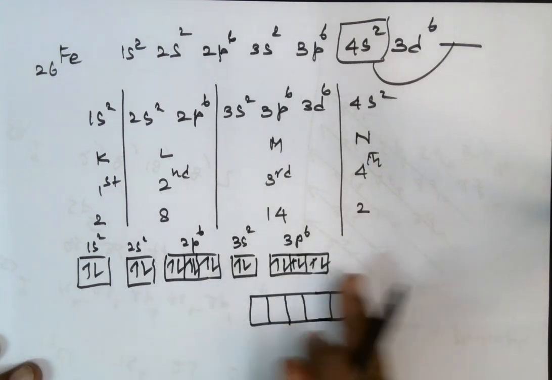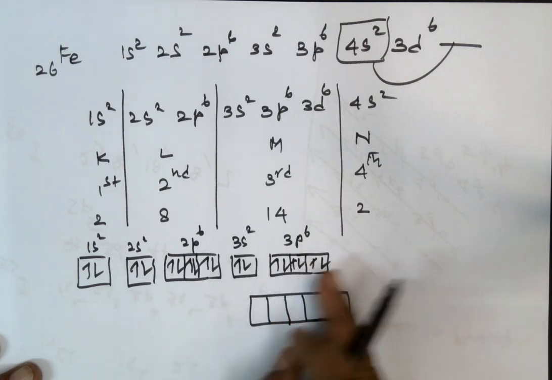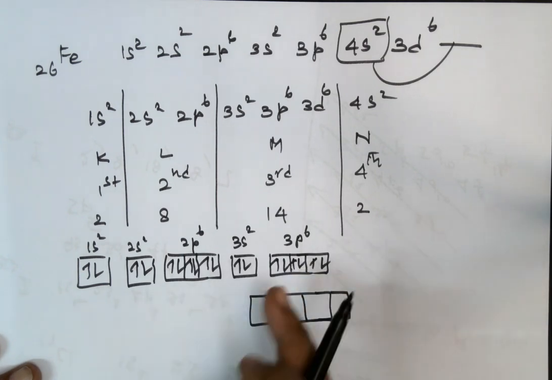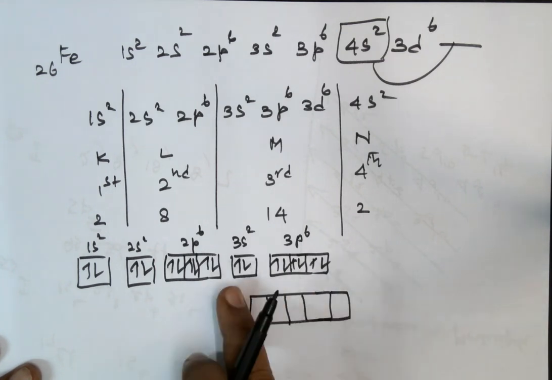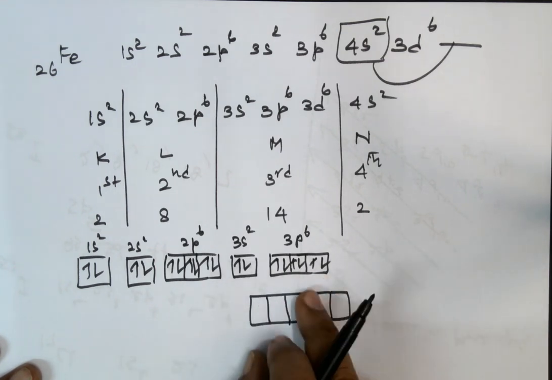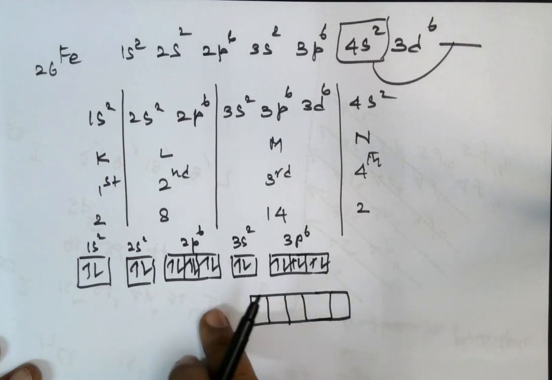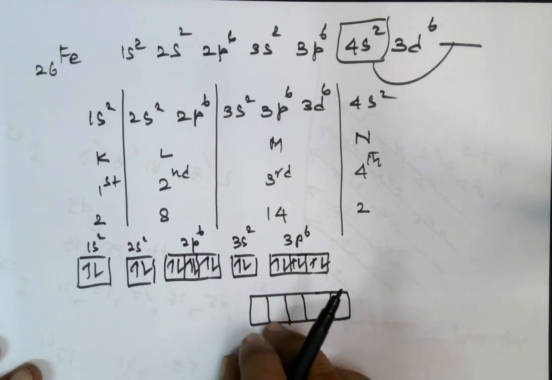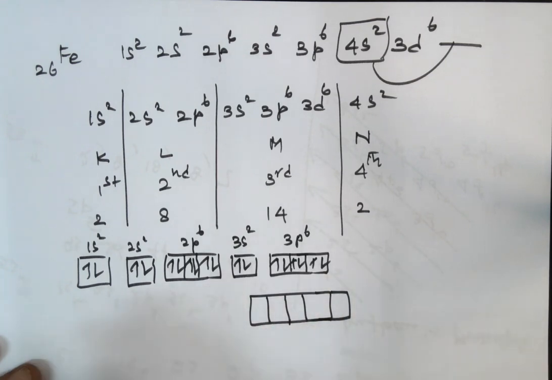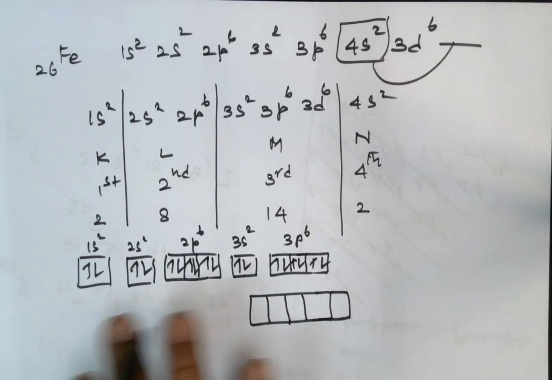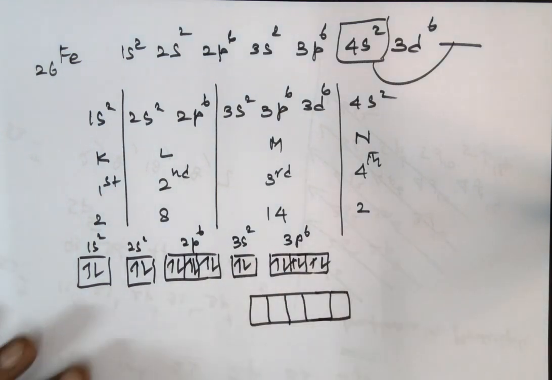So you should fill up the electrons in this way only, according to Hund's rule of maximum multiplicity. The electron pairing will not take place actually in this case. So you should try to attain all the equal energy levels, then only the pairing takes place. It is the tendency of the electron to spread as much as possible in the same energy level.